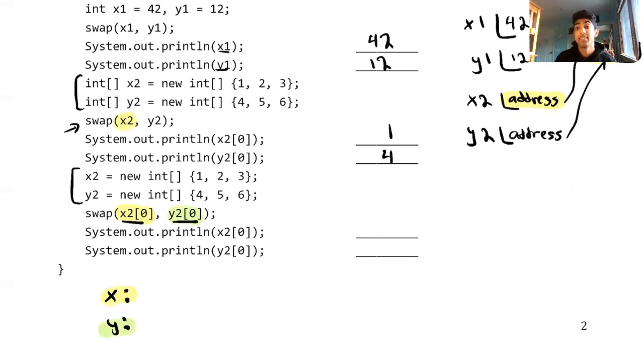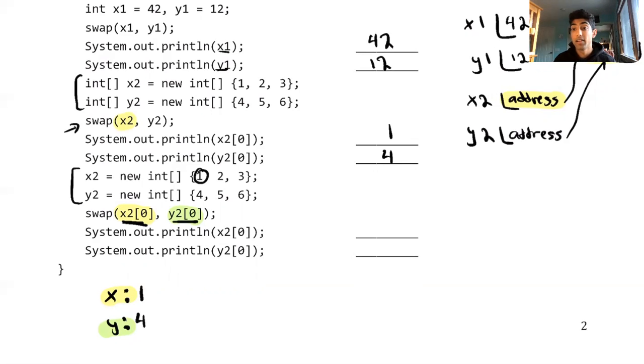So what is the value of x2 indexed at 0? That is the element 1. So x is going to be equal to the value 1. In the same regard, y will be equal to 4.